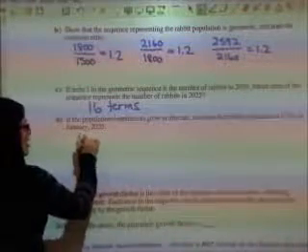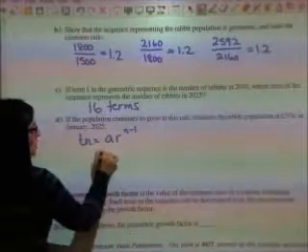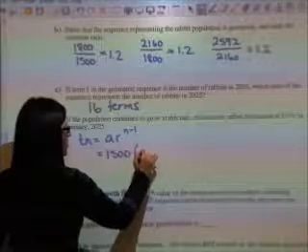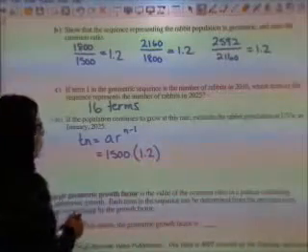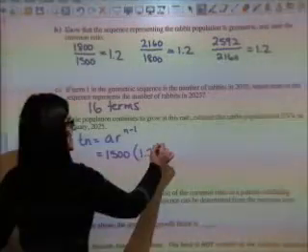So my T of n formula, which is A times R to the power of n minus 1. A is my first term, which was? R is my common ratio, which was my 1.2. And in 2025, there's 16 terms.